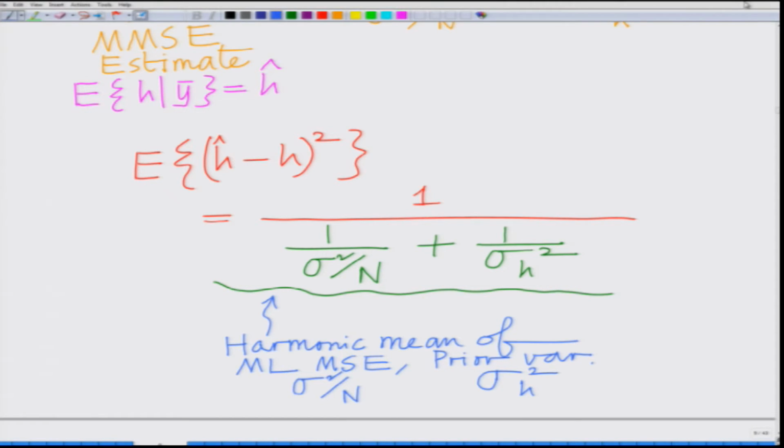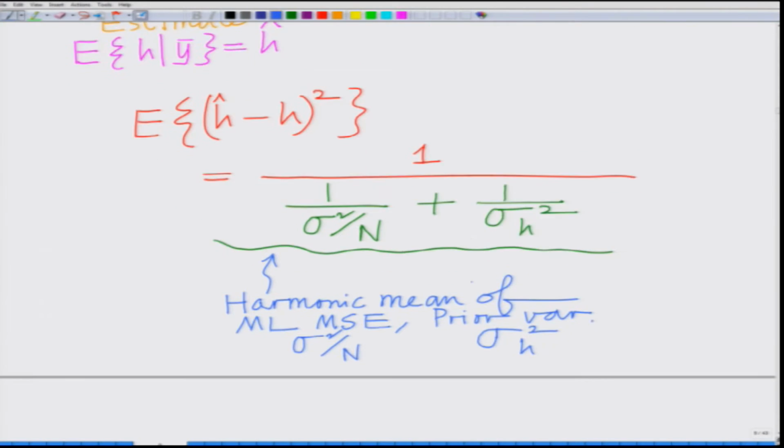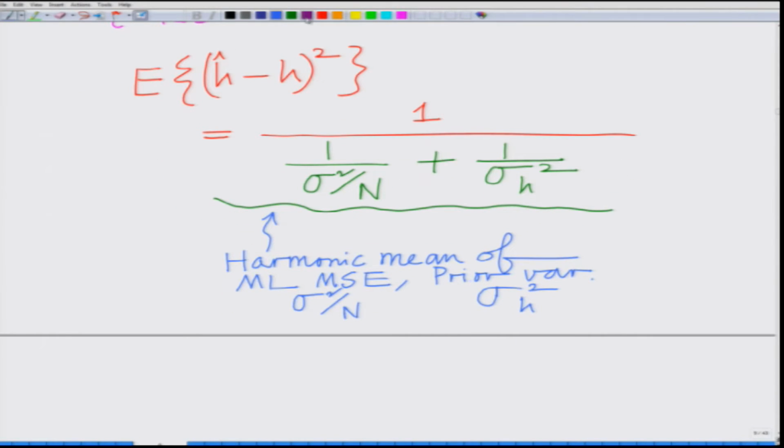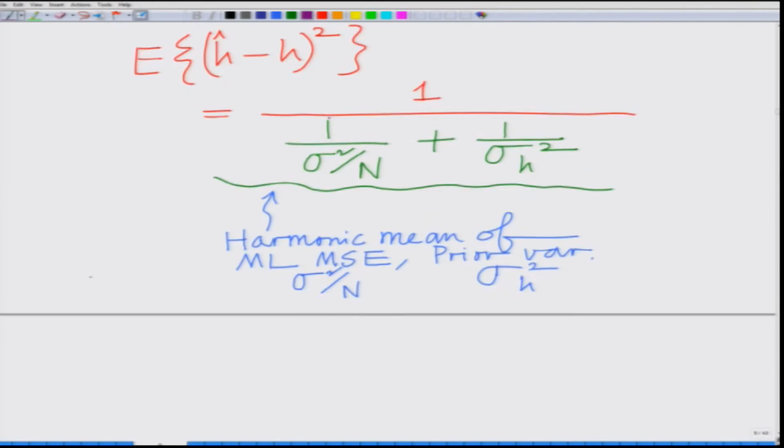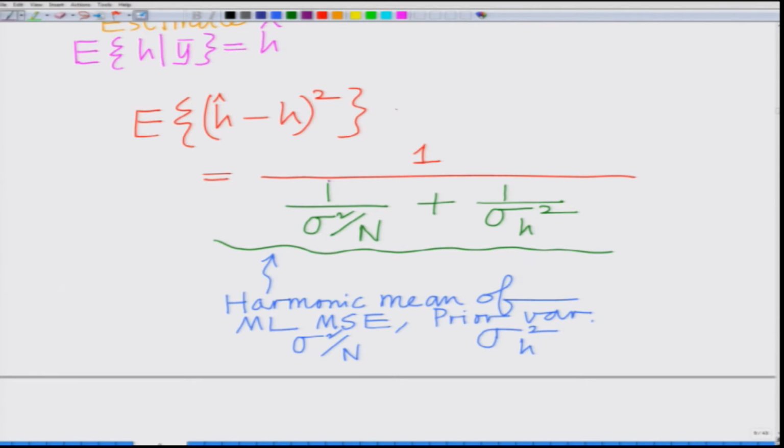Now you can also observe an interesting thing. Let us look at the behavior of this as n increases. As n increases, observe that sigma square over n decreases.